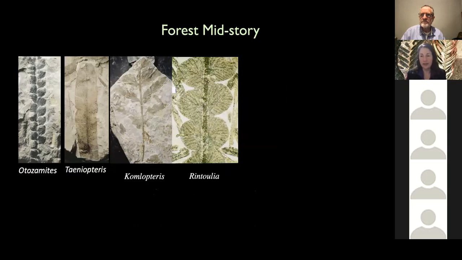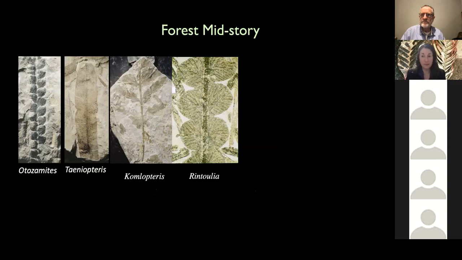Within the mid-story, we're seeing a host of different plants that are actually extinct today. The nearest living relative is known as the cycads, but the cycads themselves weren't around during the dinosaur time. So there were all these other kinds of fossils that we're seeing known as bennettites and seed ferns.